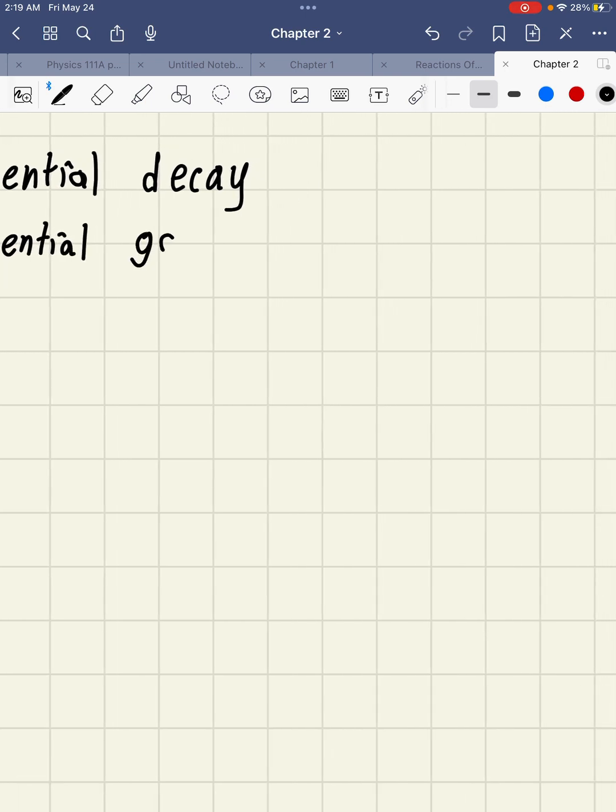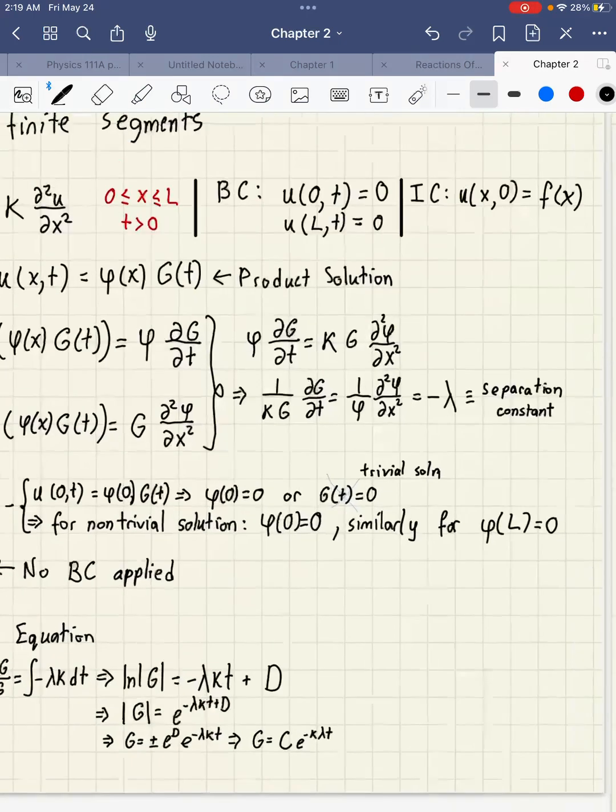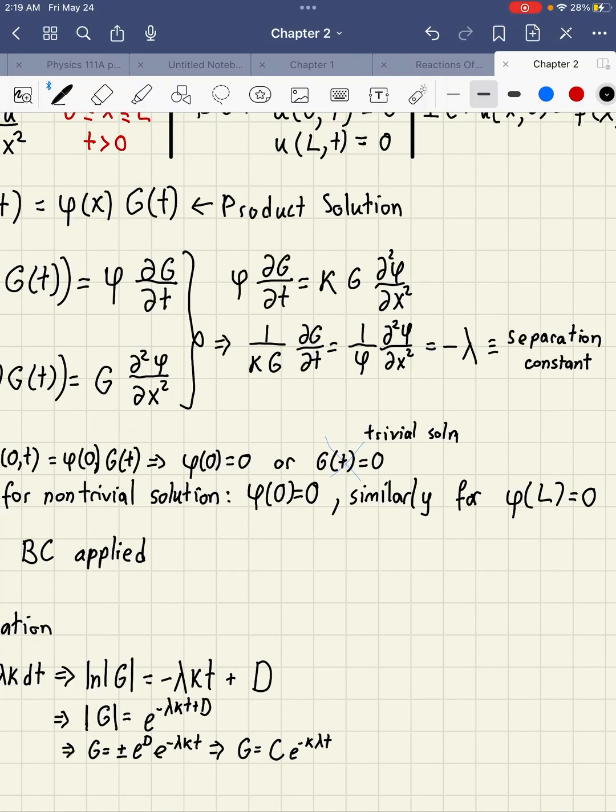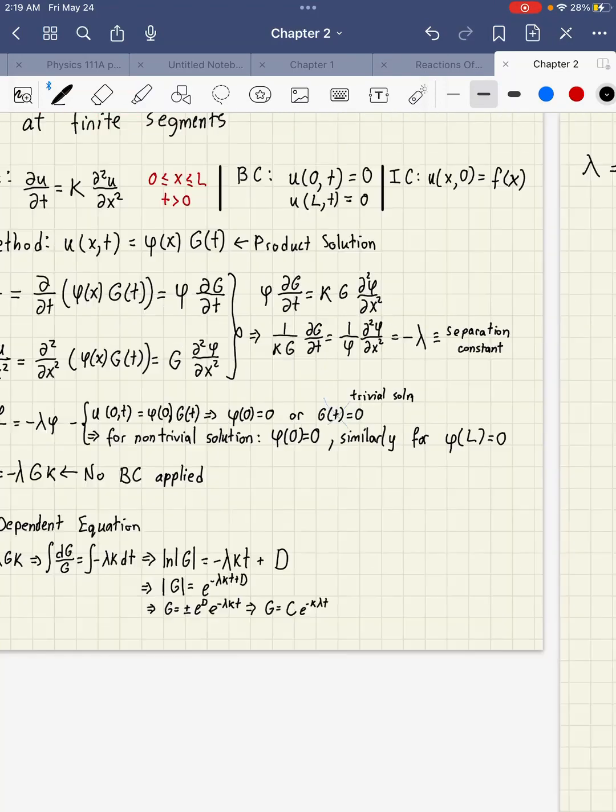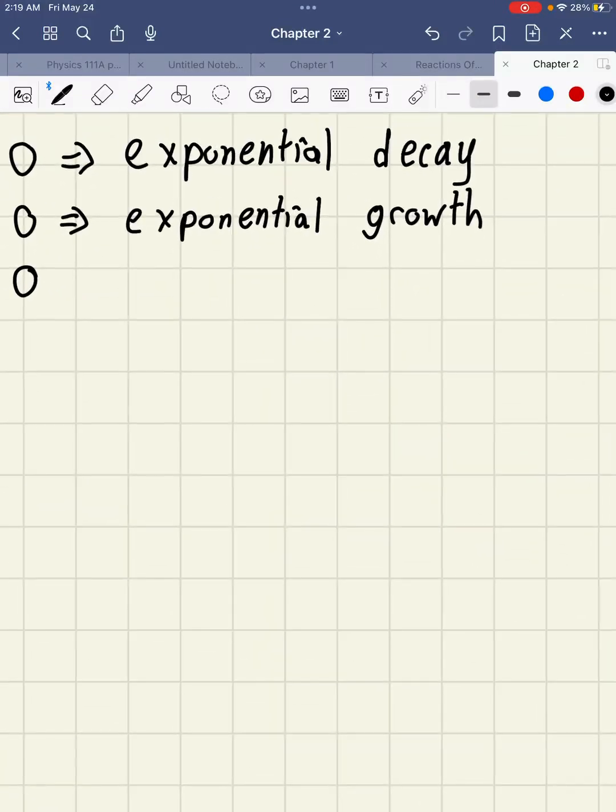And lastly, for lambda equal to 0, I will just get a constant, and it doesn't change in time.